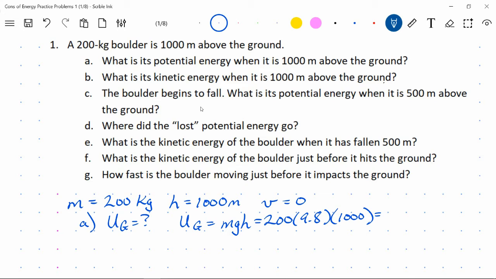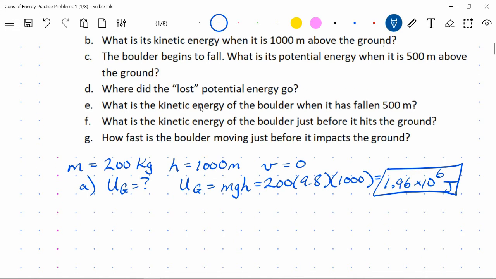I've got a calculator on hand, so let's see here. That gives me a value that I'll put in scientific notation of 1.96 times 10 to the 6. And potential energy, as with all energy, is measured in joules. So 1.96 million joules for part A.